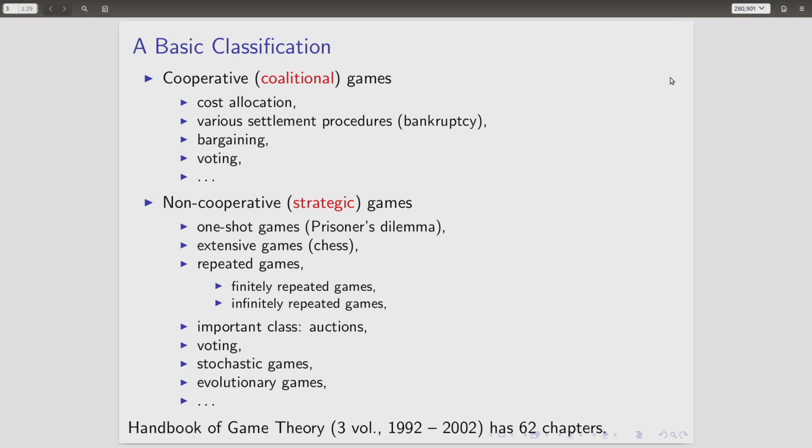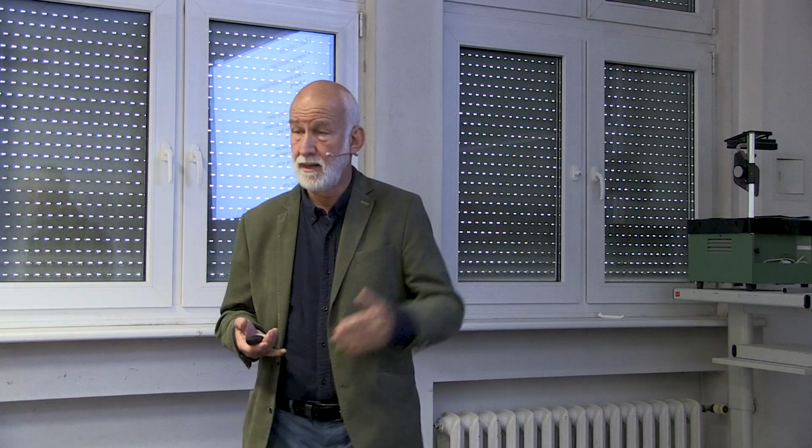For example, stochastic games are games which are repeated, but every new round has different characteristics, and these characteristics depend on the previous one, but not in a deterministic way, but there is some probability. So these games also have this feature of being finitely or infinitely repeated.